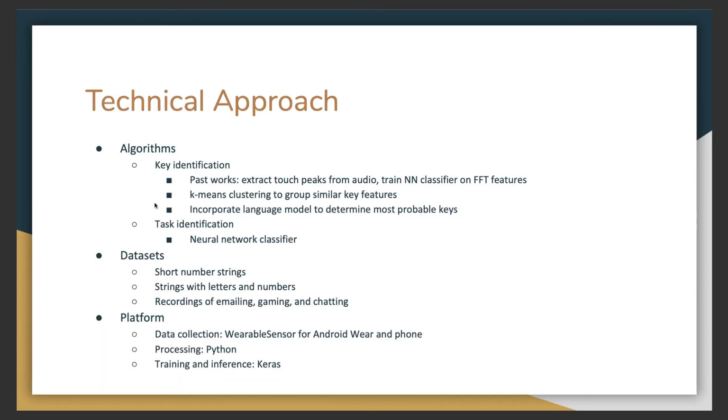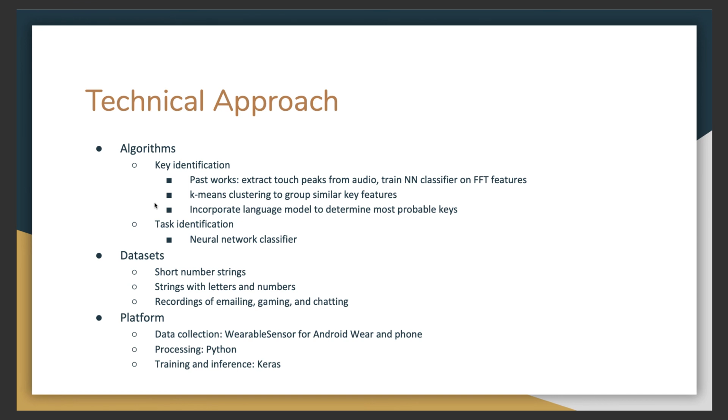I'm going to describe the anatomy of a key press in terms of audio. Whenever a user presses a key, two peaks are formed. One is when the user presses the key, and the other is when the key is released. Most prior works use the first peak because that's louder than the release peak. So we'll take that peak, perform FFT, and then feed that into a classifier which returns the different keys.